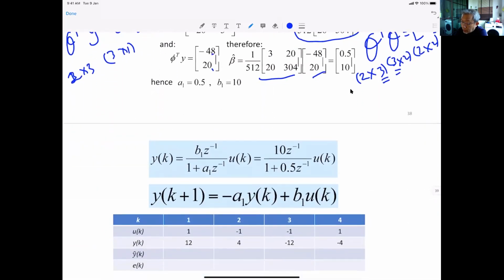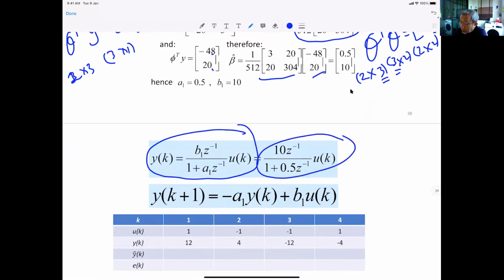So this is the model structure, first order, and this is the final model with the estimated parameters, which is B1 equal to 10 and A1 equal to 0.5, as shown here.